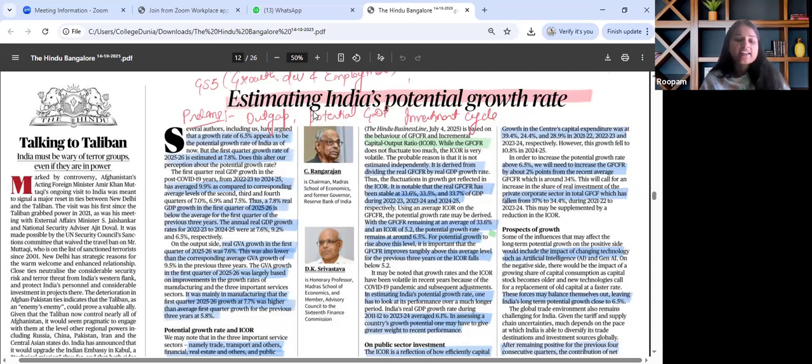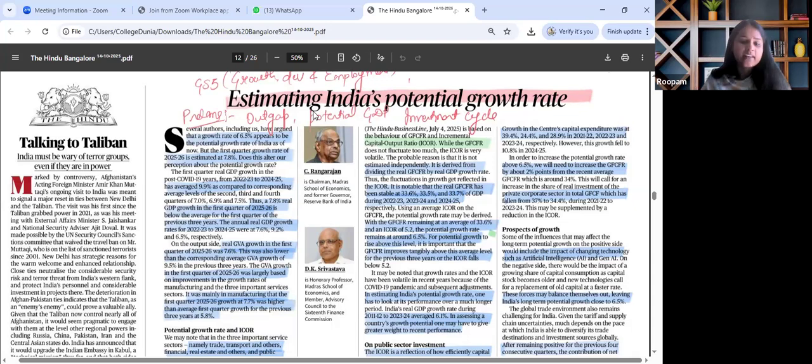This can be analyzed. From the prelims perspective, the conceptual clarity we need is about potential versus actual GDP, output gap and its policy implications, and fiscal multiplier effects, what is it? For the mains perspective, this article is to be seen: how does estimating potential growth help with India's fiscal and monetary policy coordination?